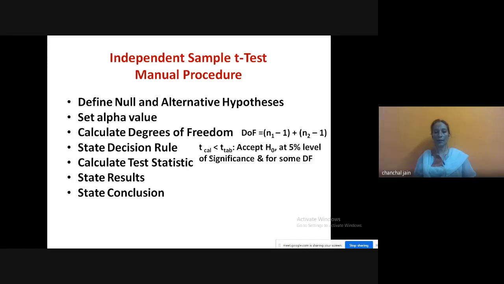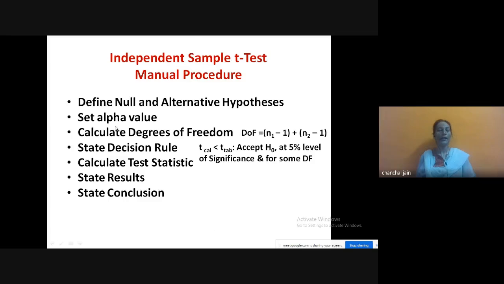That is the thumb rule, and vice versa. If the calculated t value is greater than the tabulated t value, then you will reject the null hypothesis. Please keep in mind this is for the manual procedure, because when we go for the SPSS calculation, the results, or the interpretation, will be just reverse.